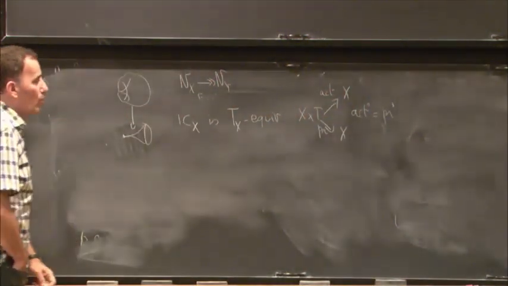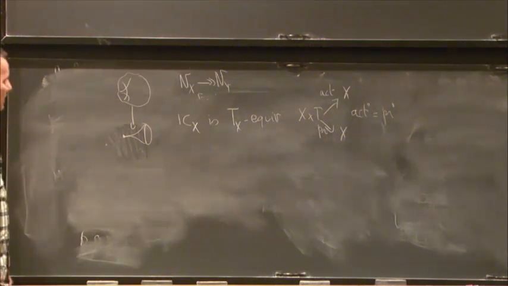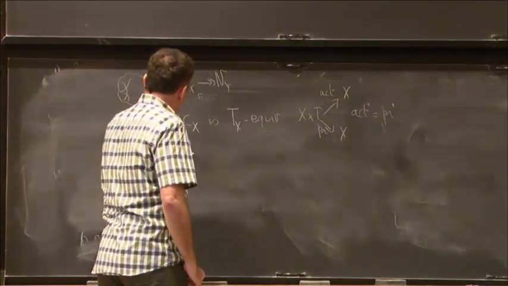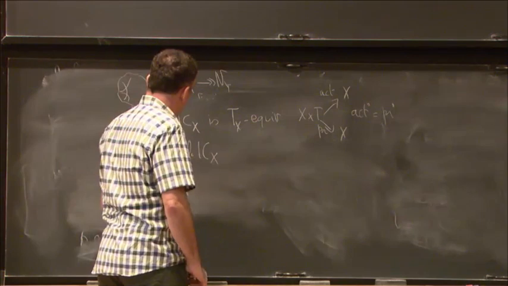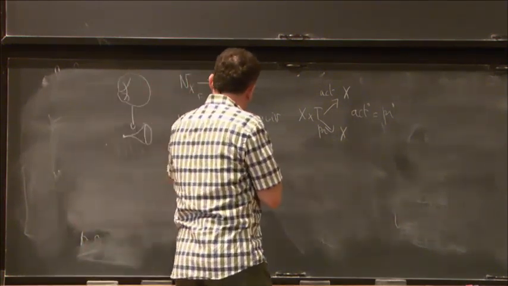So the intersection complex is torus equivariant. I should say this is not the real definition because I'm omitting the cocycle condition. So maybe you call it torus weakly equivariant, whatever. But for this talk, I call it like this. Now, because of the splitting, you can prove that Rf lower star IC_X is T_Y equivariant.